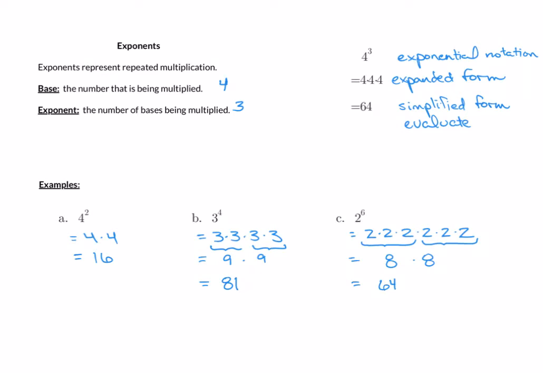If you say 4 squared is equal to 8, you will get that wrong. But if you write it out as 4 times 4, then at least I know you understand what it means to be an exponent. And the other benefit of writing it in expanded form is you are less likely to make careless mistakes.